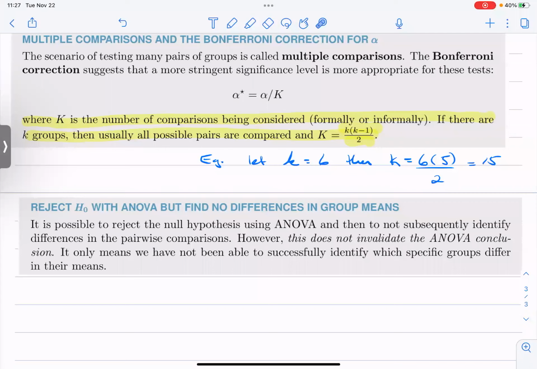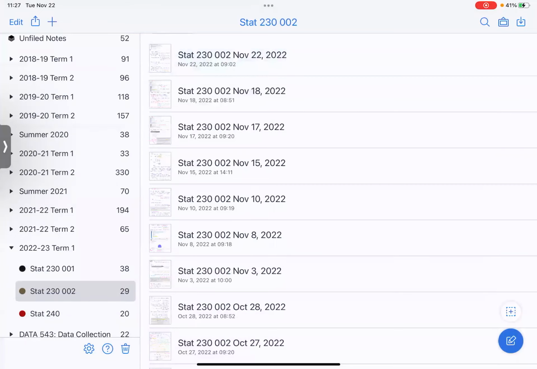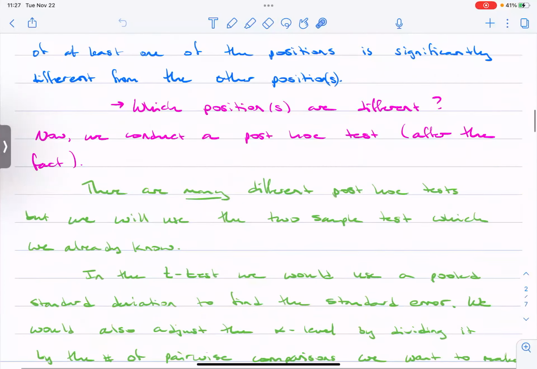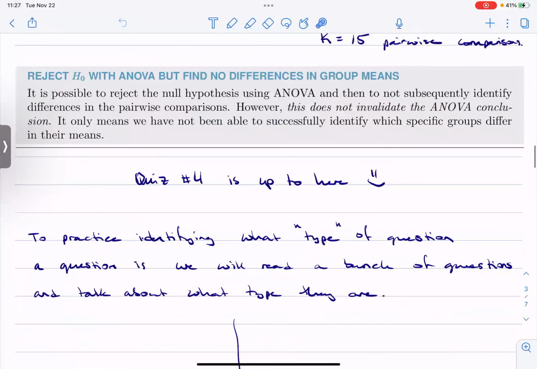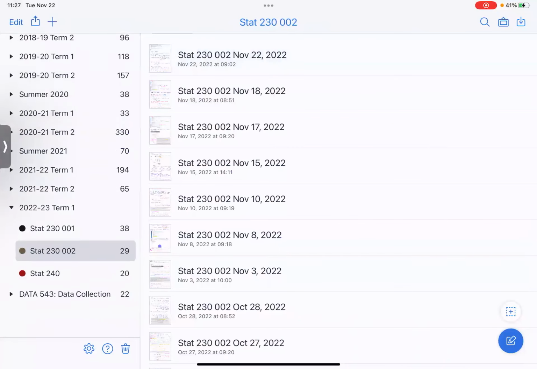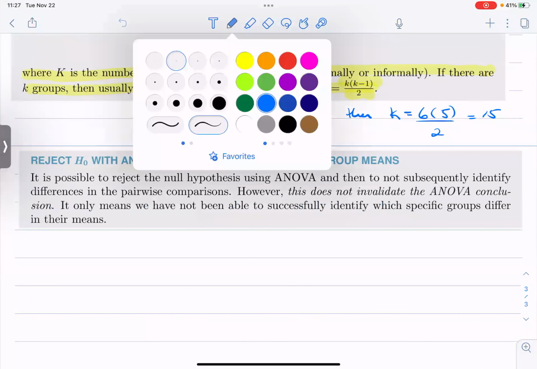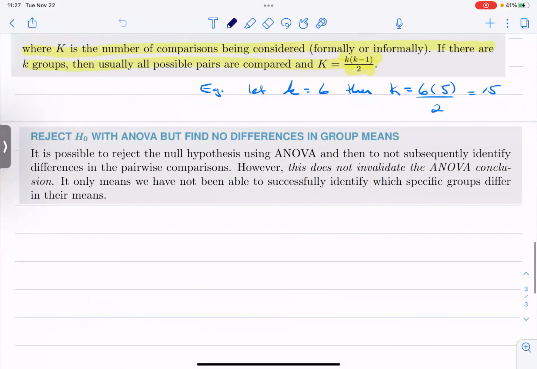I do want to just, I've got this kind of feeling that I said something after this. So let me just go to this morning. I did not. Aha. That is great news. Memory serves. Quiz number 4, up to here.